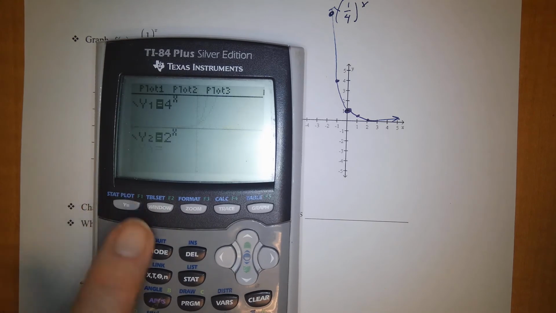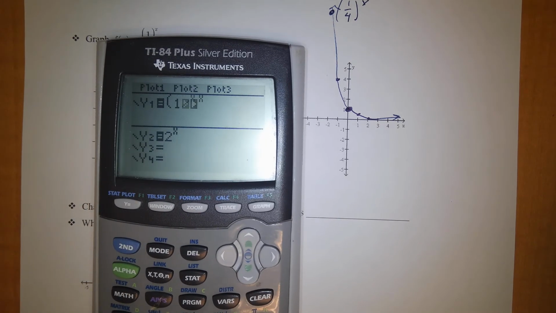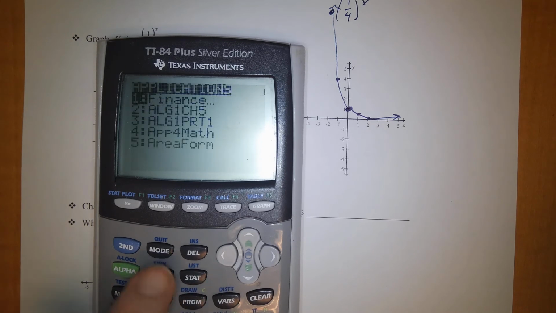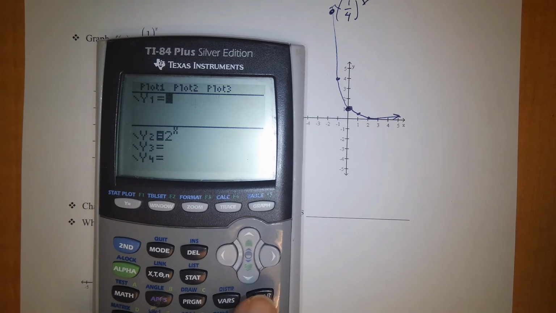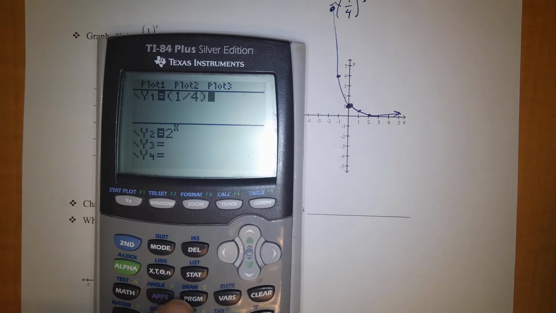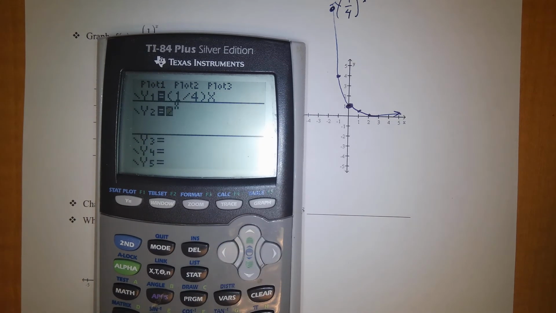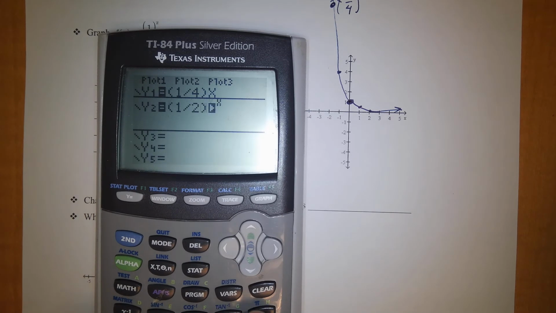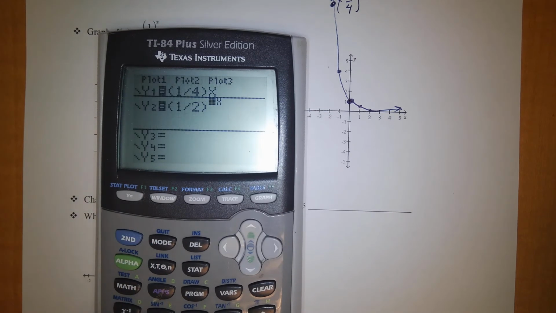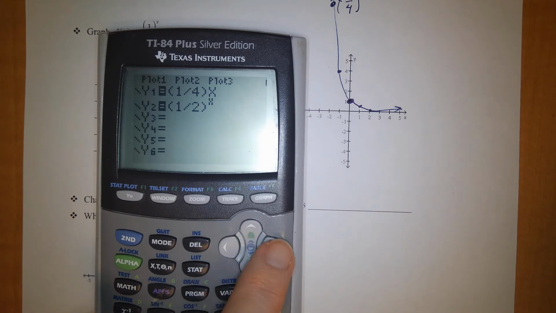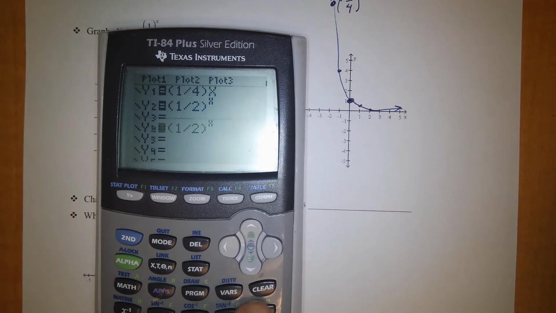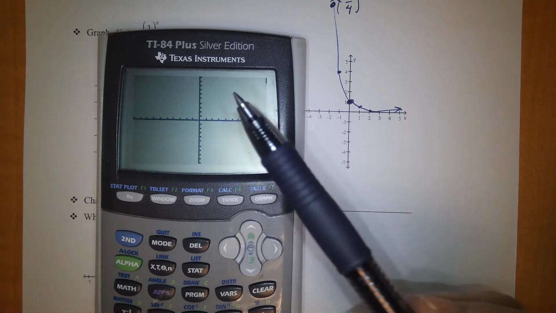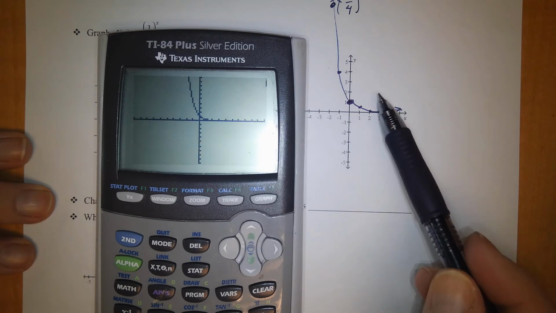But let's verify. So the first graph, let's do 1/4 to the x power, and then let's do 1/2 to the x power. Okay. So the first graph is 1/4 to the x power, and that should match what we have over here.